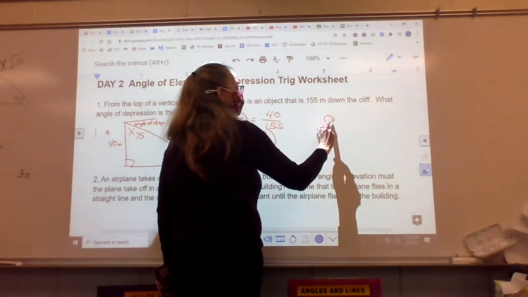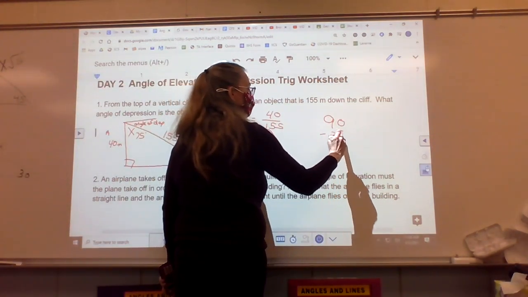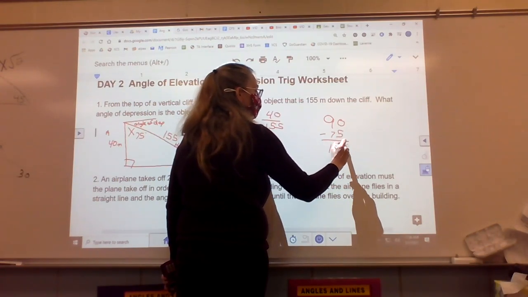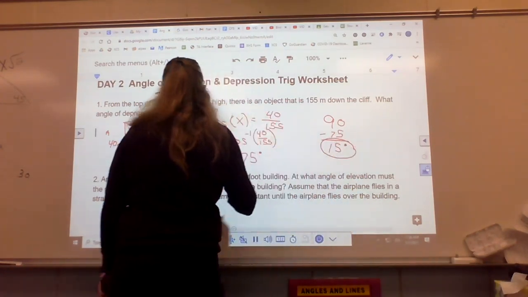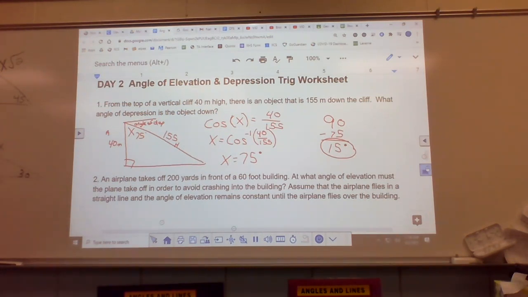Because the corner is 90, if you subtract the 75 we just got, the angle of depression is 15. And so remember, the angle of depression always takes an extra step. If I give you the angle of depression, you'll subtract from 90 to get the angle. If I'm finding the angle of depression, take 90, subtract the angle we get to get the angle of depression. Number 1, are we okay?